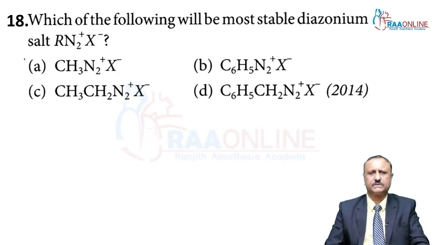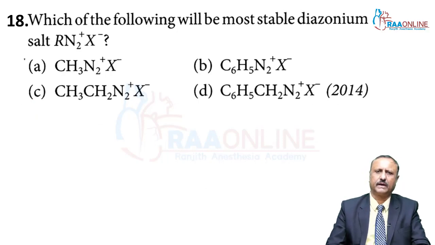Now, my dear students, we can go to question number 18. Which of the following will be the most stable diazonium salt, RN2 plus and X minus? My dear students, here in all these compounds, we can see that the diazonium group is not directly attached to the benzene ring.